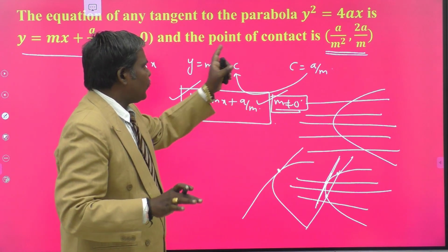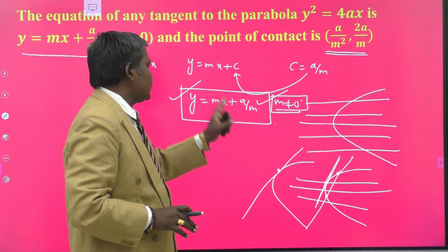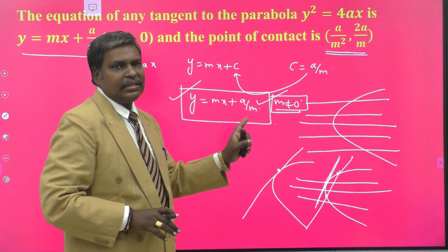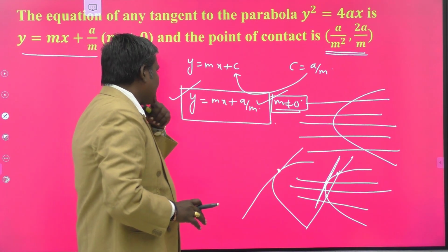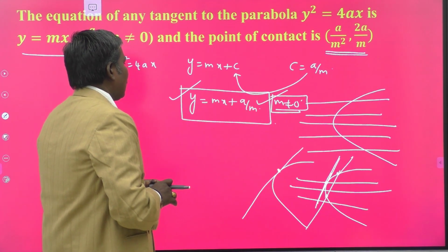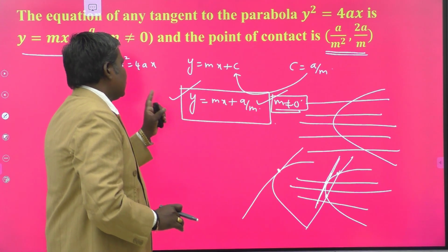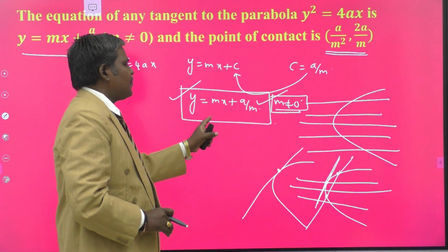We are discussing y square equal to 4ax. So y is equal to mx plus a by m is a tangent to the parabola having slope m that is not equal to 0. It is called the general equation of tangent having slope m.